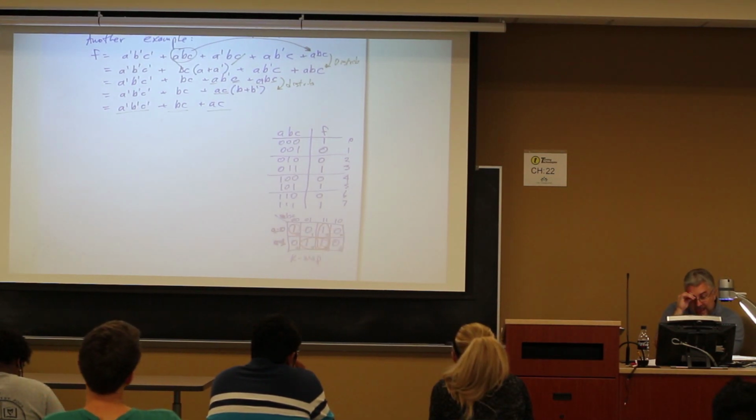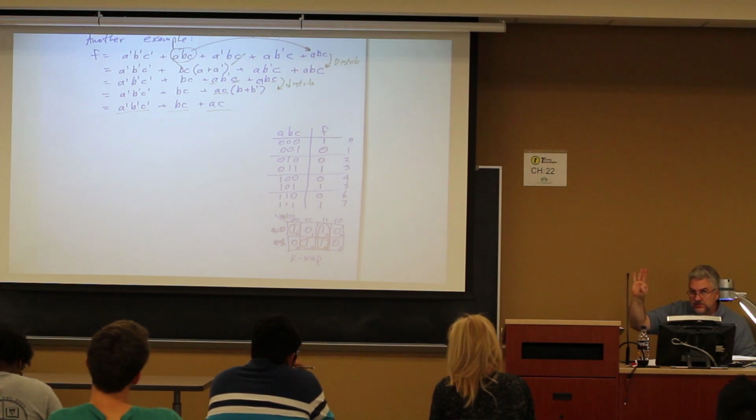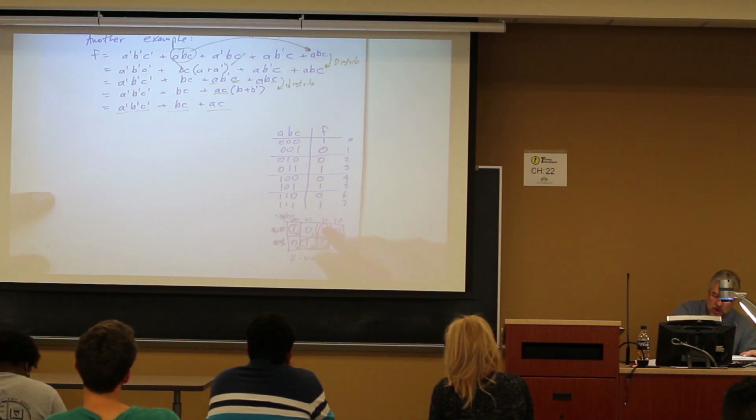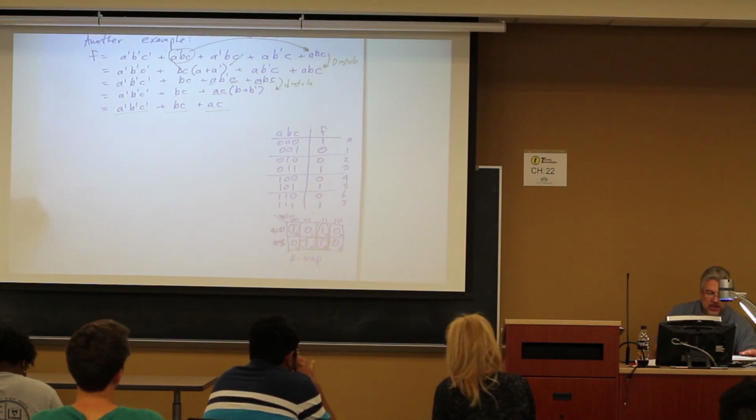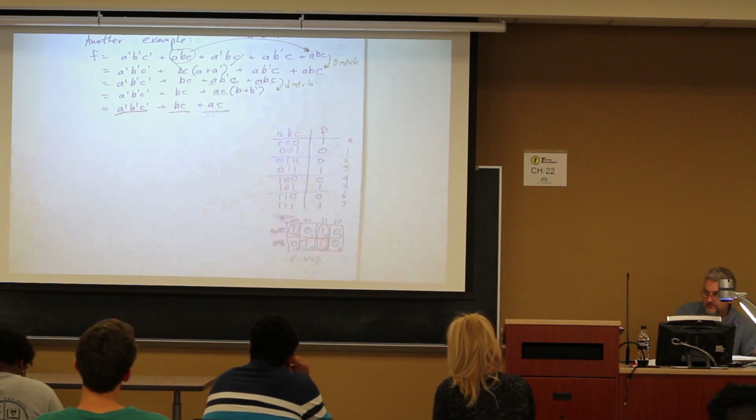So according to my K-map, I'm going to have one of my elements in the equation that will have 3 variables. This circle will have 2, and this one will have 2. So let's see what I got. Oh, I got one that has 3 and 2 and 2.